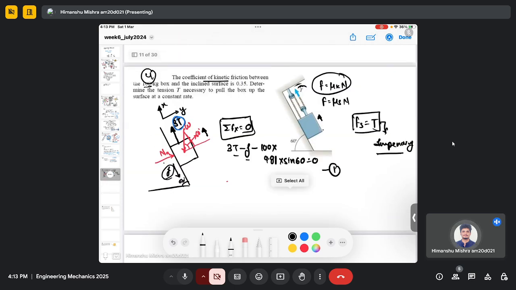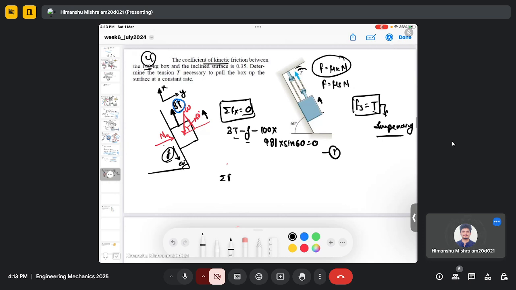So this is my equation 1. Now I can write equation 2, the equation for the vertical direction, and it will be NA minus W cos 60 equals 0.